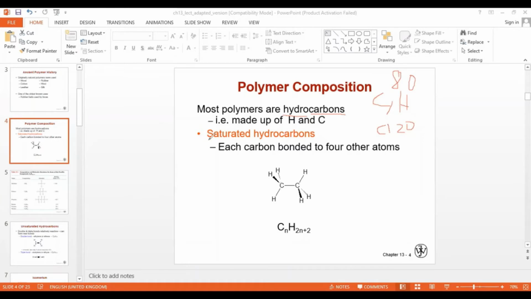Then we come to saturated hydrocarbons. Now you need to recall the valence number of carbon. In the periodic table, carbon comes in the fourth group. Hydrogen, then lithium first one, beryllium second, boron third, and carbon fourth.